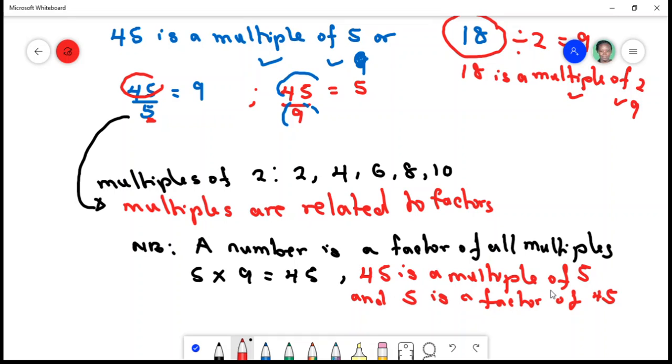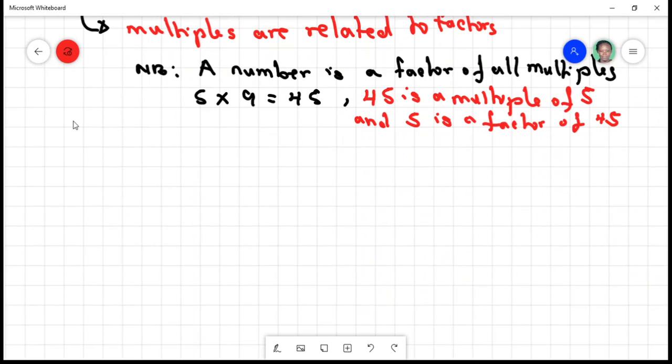This is a multiple of 5, but 5 is a factor of 45. Like I said, for the pair, you have 5 times 9. They are factors of 45.